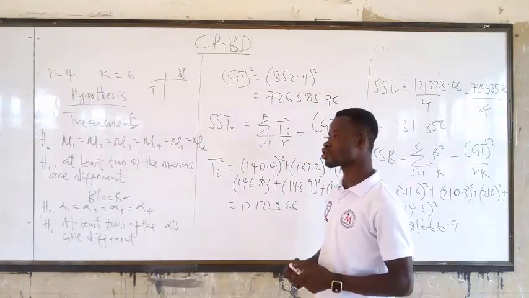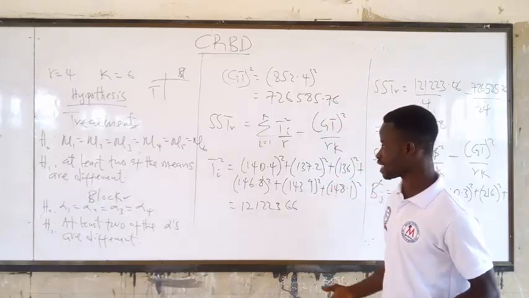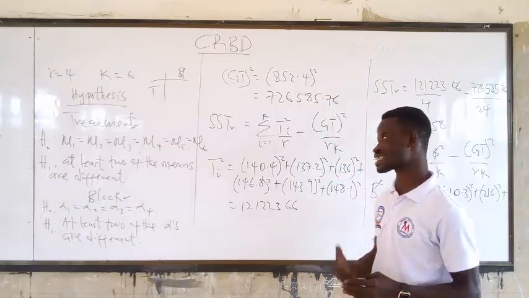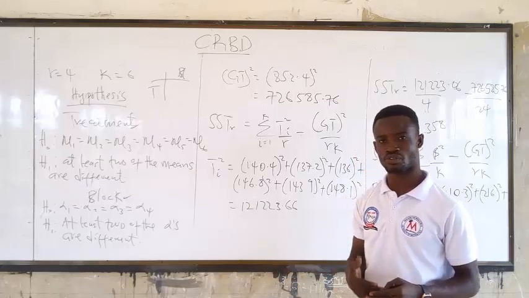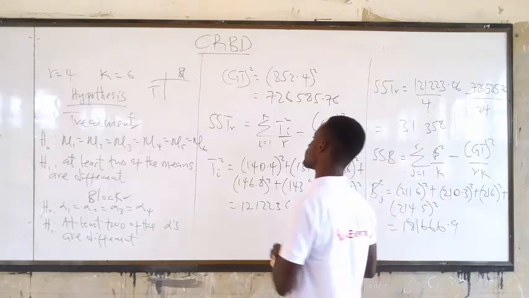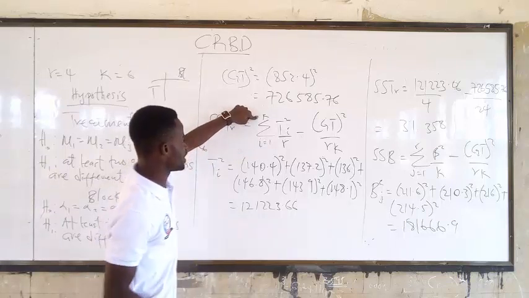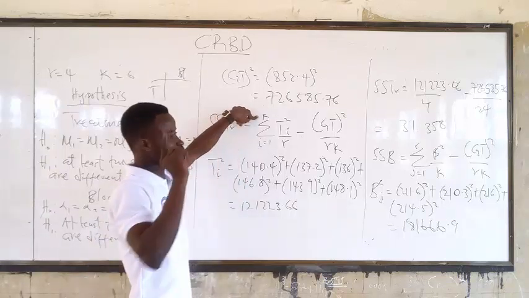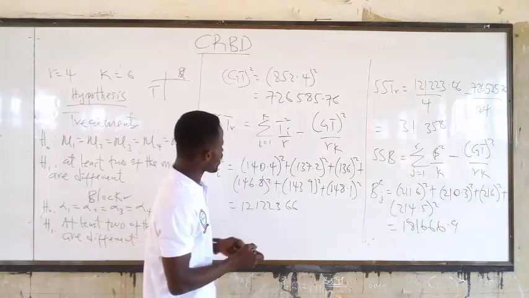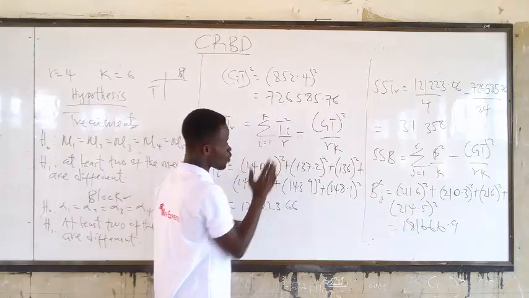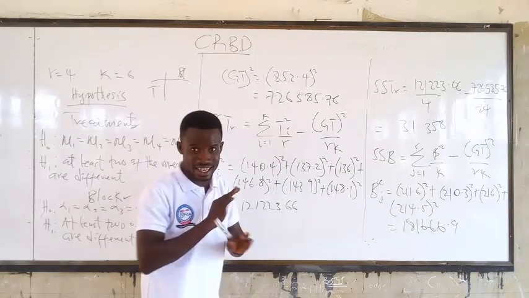Alright, so now you go for sum of square treatment. We are going to find the sum of square treatment and the sum of square of the what? Of the block. So the sum of square treatment is what is represented by what? K. And that is the I, as what I told you. Alright. And now this is the formula, and achieving it is easy.